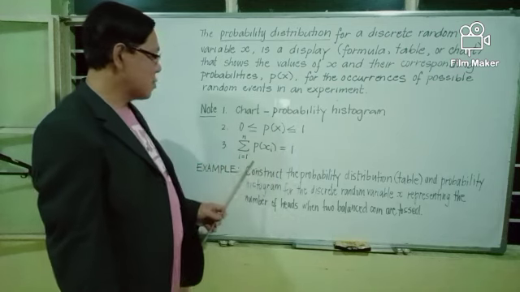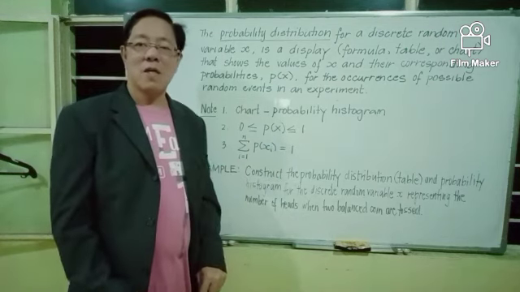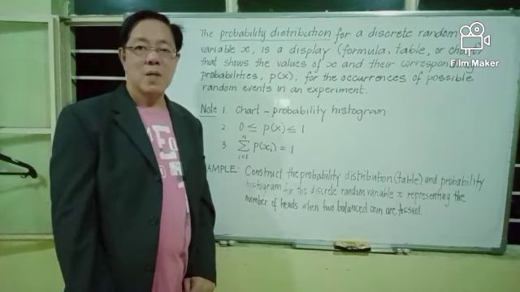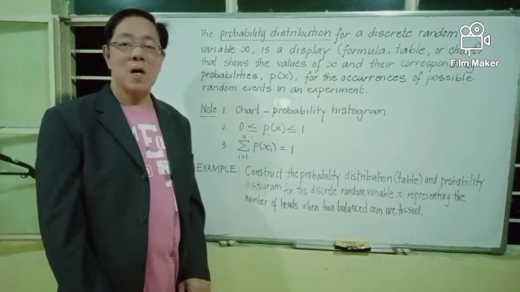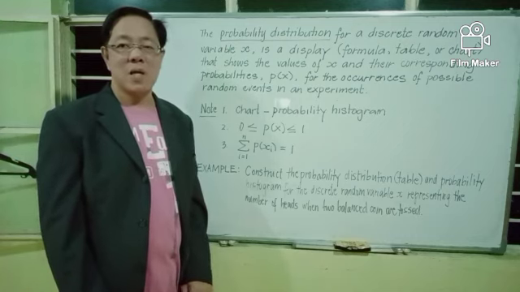These two conditions are used to check if the given table or the given probability distribution represents a probability distribution for a discrete variable.